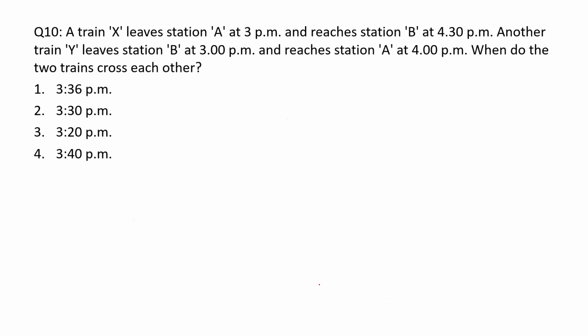A train X leaves station A at 3 p.m. and reaches station B at 4:30 p.m. Okay, so let's say here is station A, here is station B. So train X starts from A and reaches B in 1.5 hours, right?